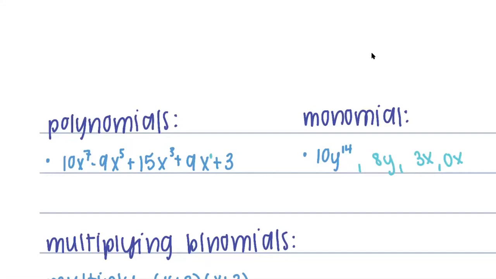Or I think it might be a root word. I don't know that much English, but when you say nomial, that just means a term. So polynomial means multiple terms. Binomial means two terms, and monomial, because mono means one, would be just one term.